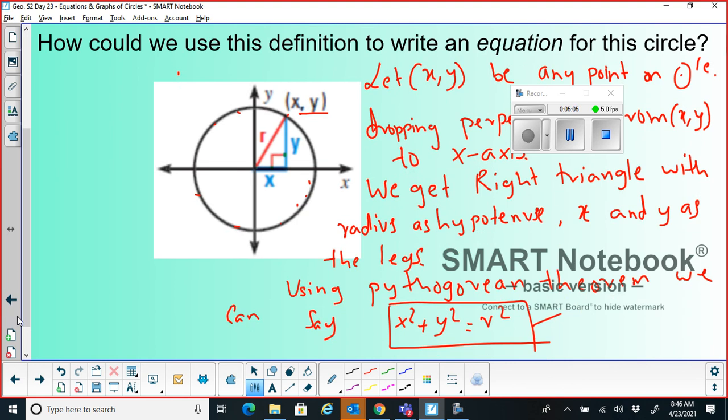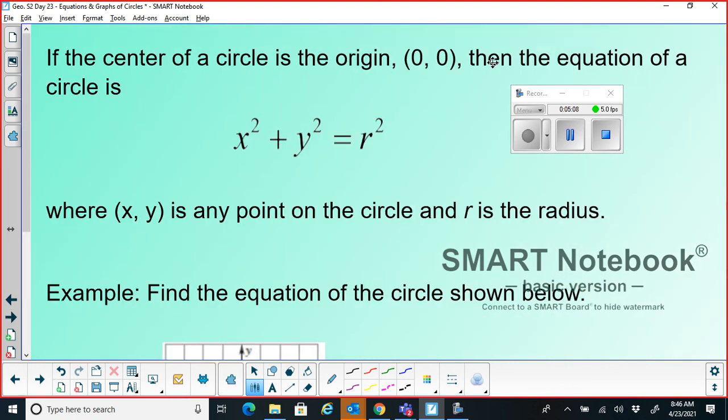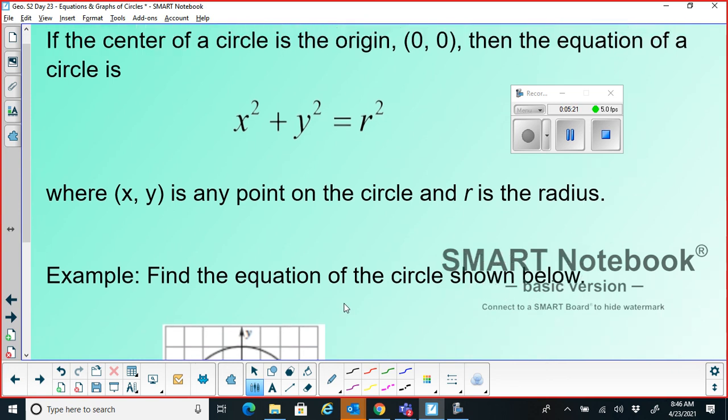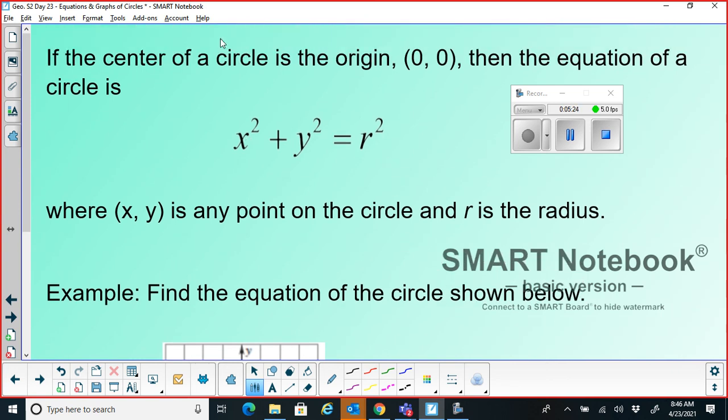If the center of circle is origin, then the equation of circle is x square plus y square equals r square, where x comma y is any point on the circle and r is the radius. Just note down this particular equation, for a circle with center as origin only. We will see the equation when it is not origin soon, but as of now just see this particular equation.